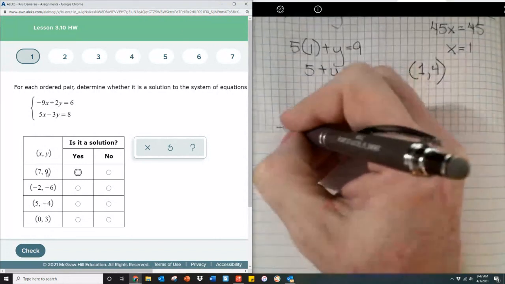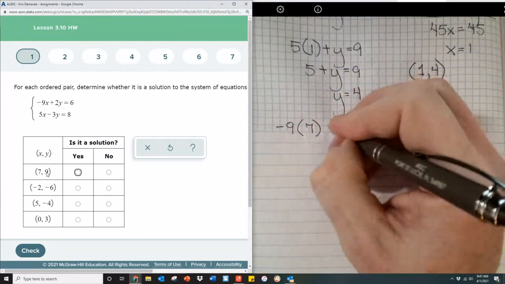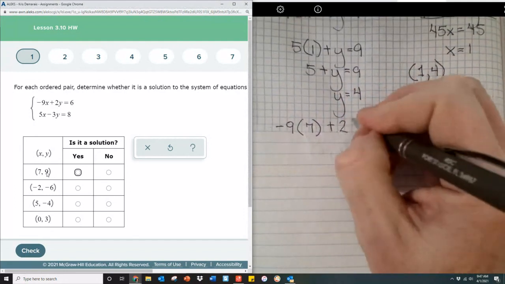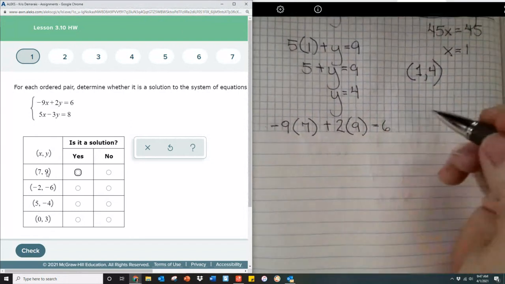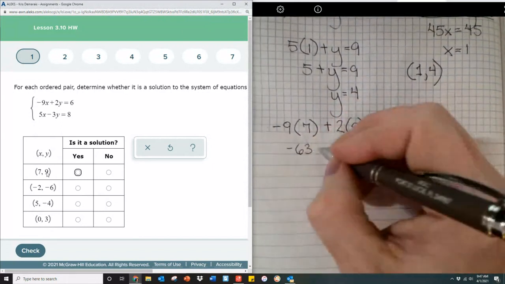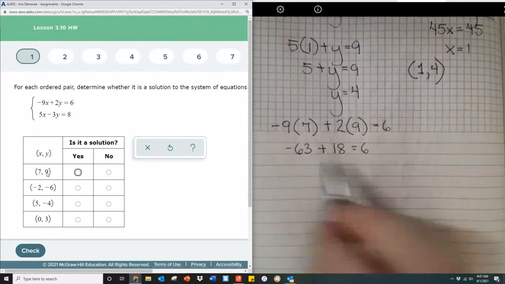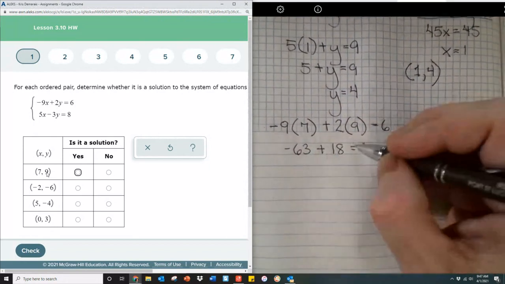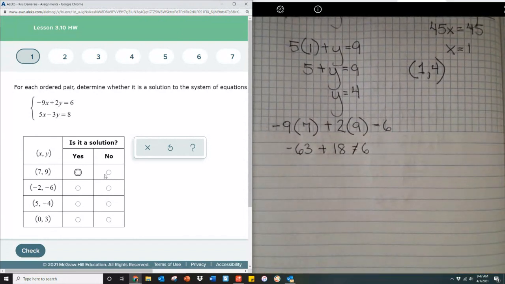So if, for example, I go ahead and do negative 9, and then I do 7 plus 2 times 9 equals 6. So this is going to give me negative 63. This is going to give me 18. And no way is this going to give me 6. So it's a bust. So when it's a bust, I say no. If it passes, then I move on to the next one. And you do this for 4 times.